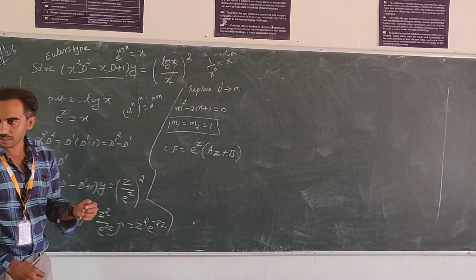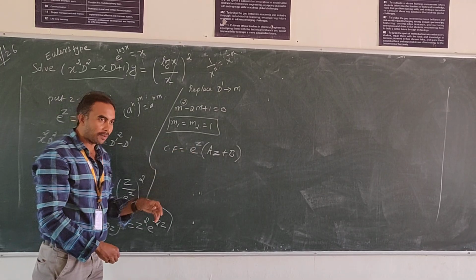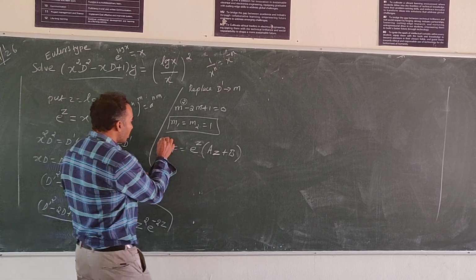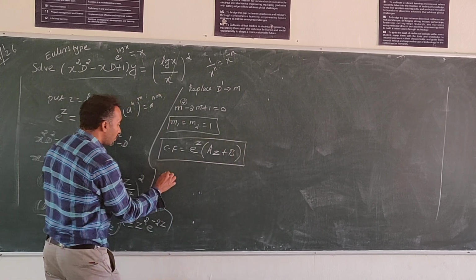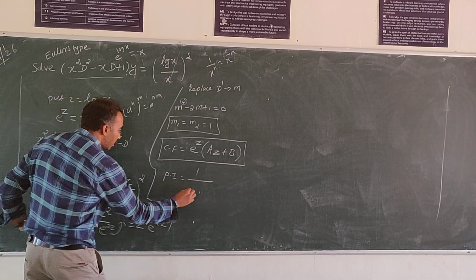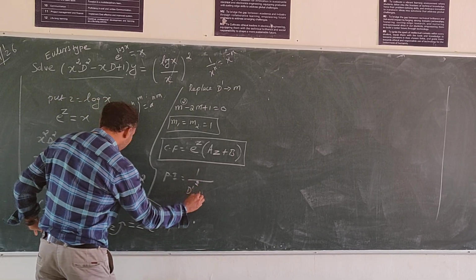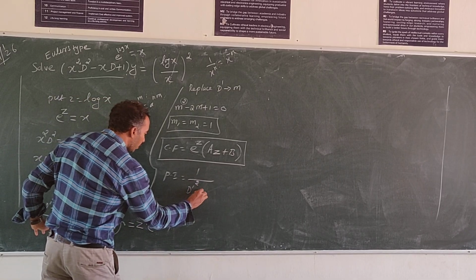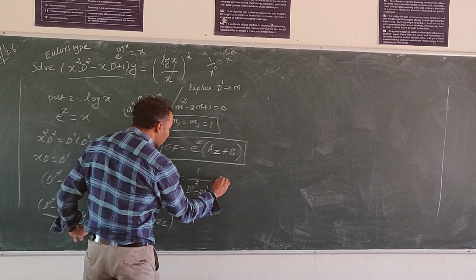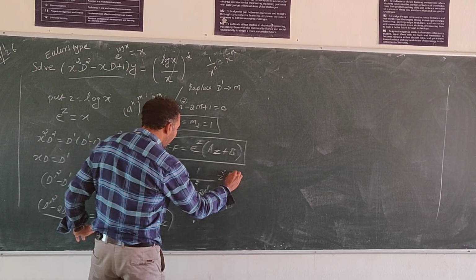This is the process. If both are same, then this is the complementary function. Next, we have to calculate the particular integral. Particular integral = 1/(D'² − 2D' + 1) z² e^(−2z).